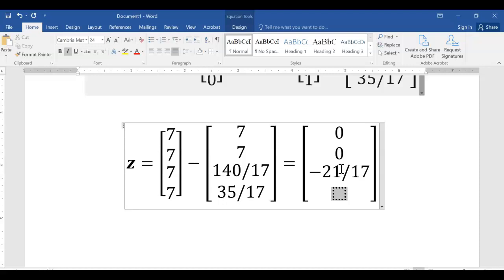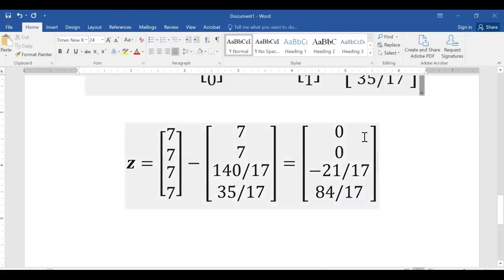And when you do the same thing, 7 minus 35 over 17, you get 84 over 17. Okay, so that is the orthogonal component.